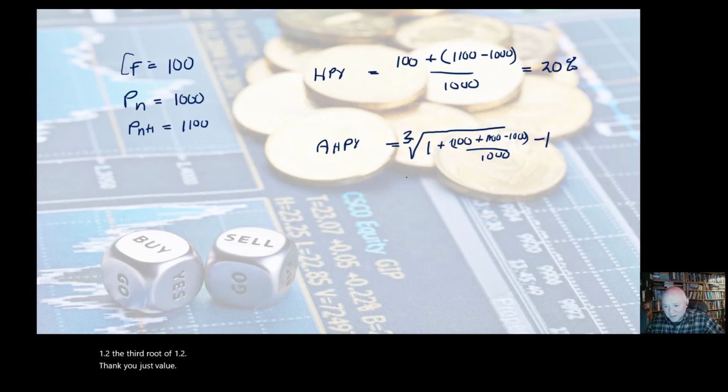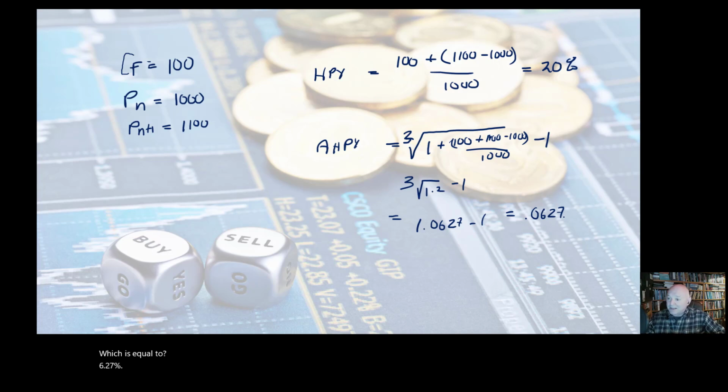The third root of 1.2 minus 1, which is equal to 1.0627 minus 1, which is equal to 6.27%.